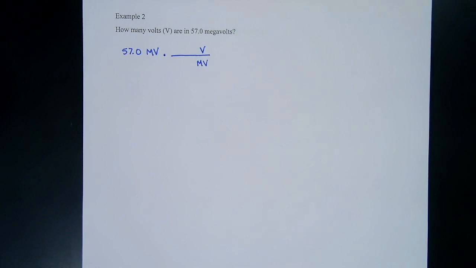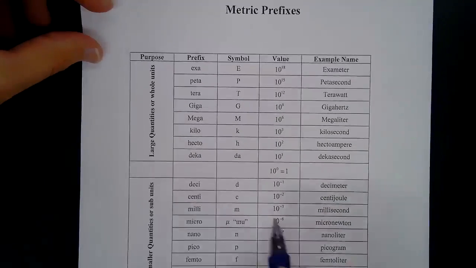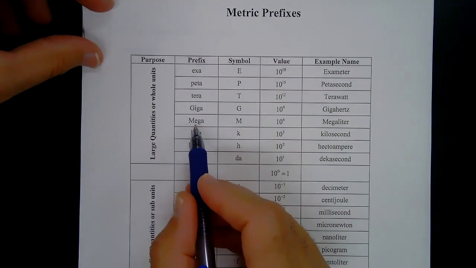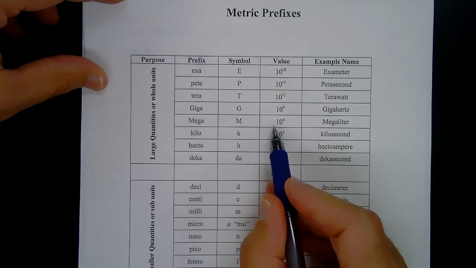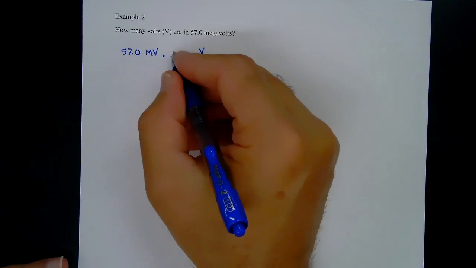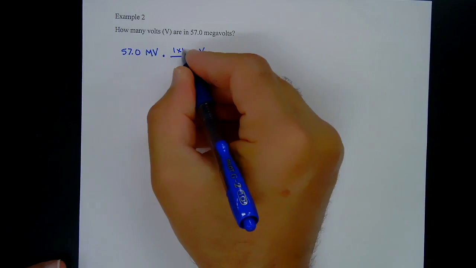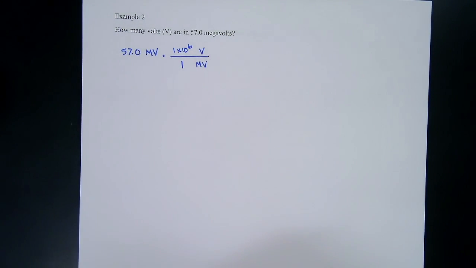And from our handy dandy chart here, we know that 1 megavolt is 1 times 10 to the 6th volts.